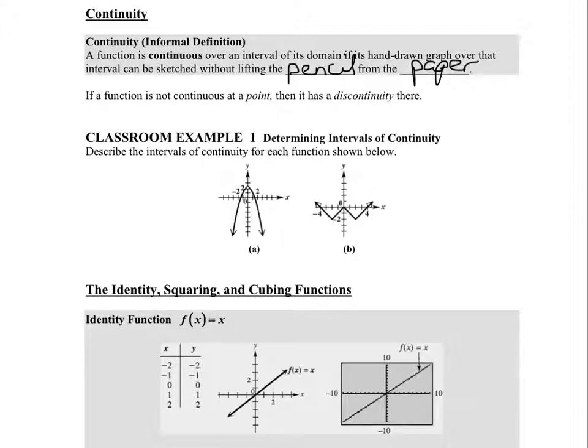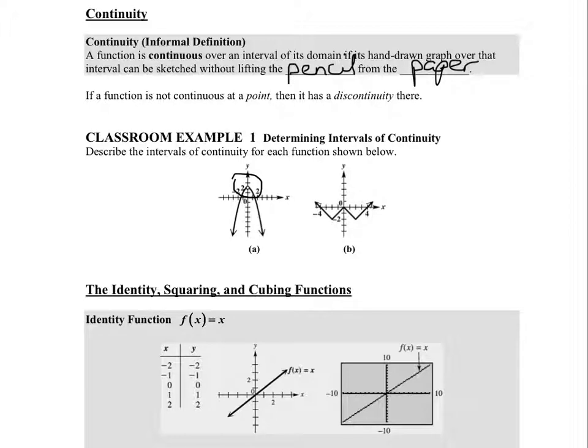Do we see any holes, any gaps, anything that's missing? And if you zoom in, I am hoping you recognize there is an issue going on right there, because that open circle means there is a hole there. There's something that gets skipped over in the graph. Because of that, the entire function is not continuous.